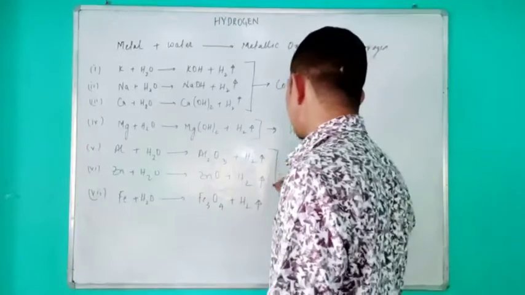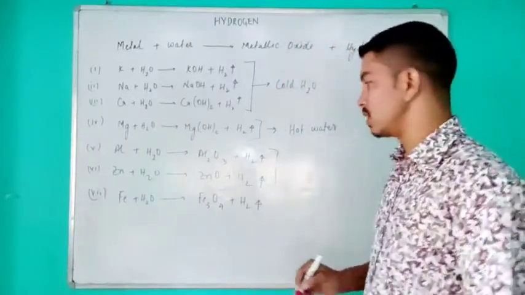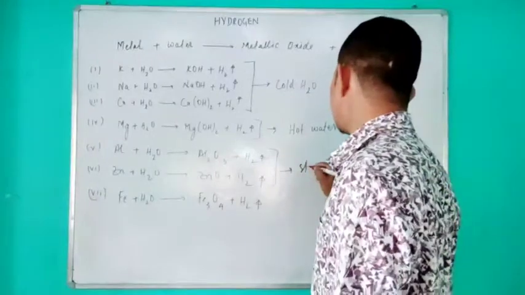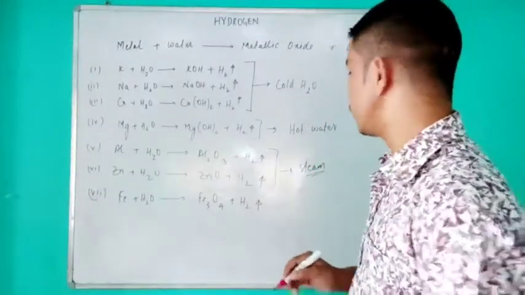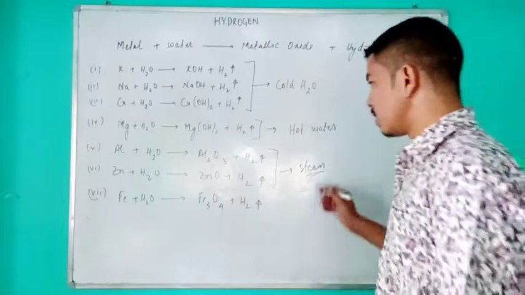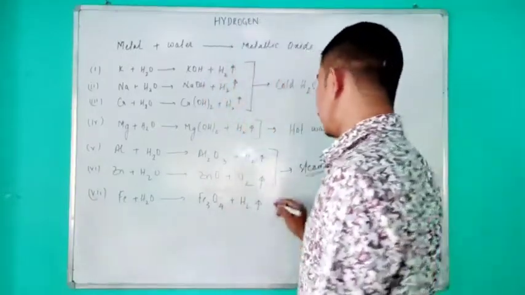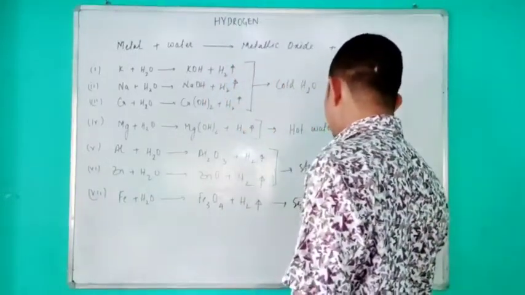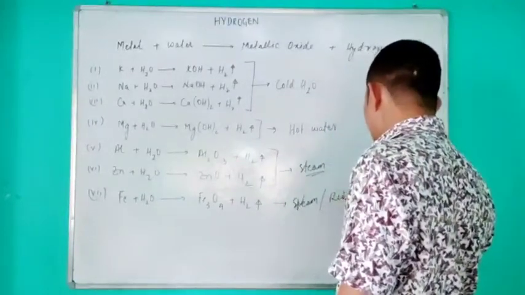Now coming to aluminum and zinc, they are the less reactive metals in the activity series, so they react only with steam. And finally, coming to the reaction of iron with water, it reacts with steam, and that too the iron must be red hot.